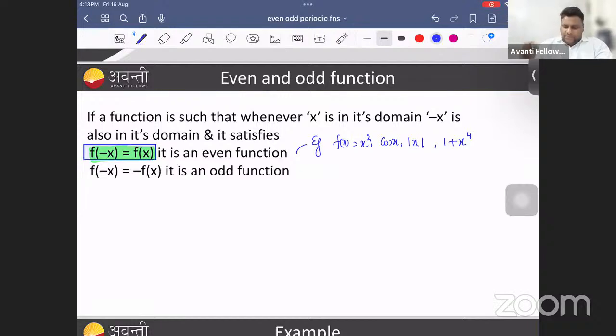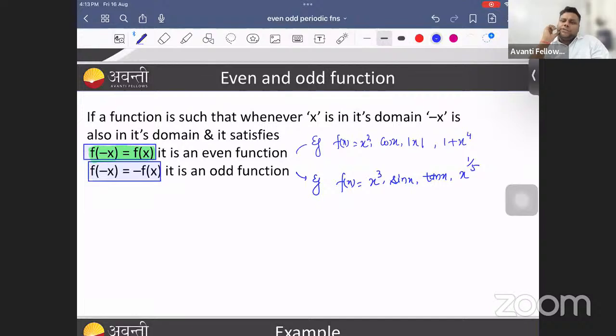Now there come odd functions. So if f(-x) is minus of f(x), meaning if I replace x by minus x, it spills the minus sign outside. For example, f(x) equals x cube, or sin x, or tan x, or x to the power 1 by 5, they all are odd functions.